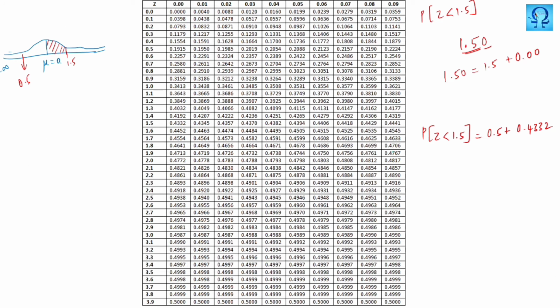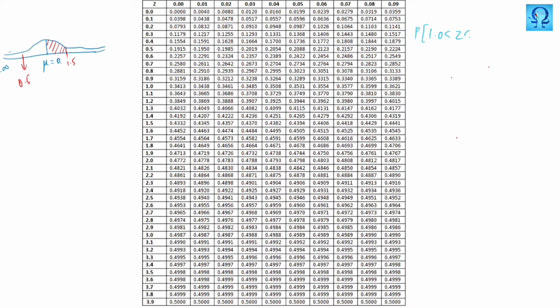Okay, so the question here is, just a minute, let me erase these things off. The question here is to find the probability lying between these two. So probability of z less than 2.2 minus probability of z less than 1.0.